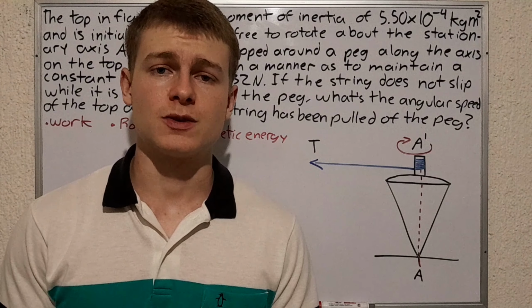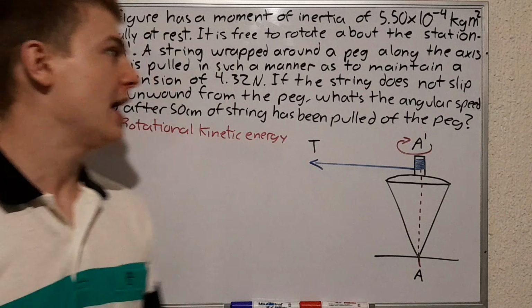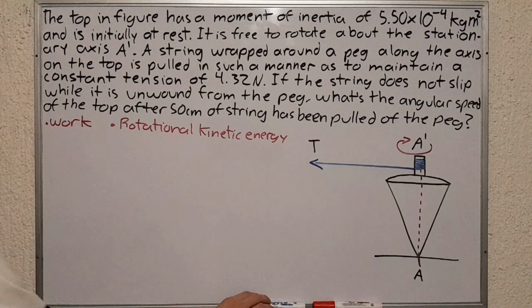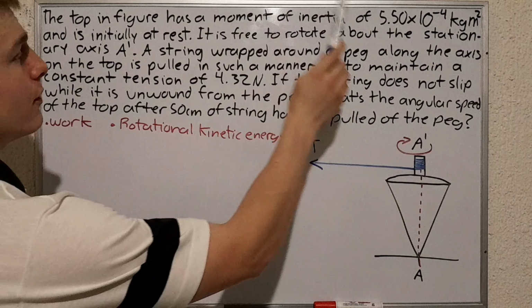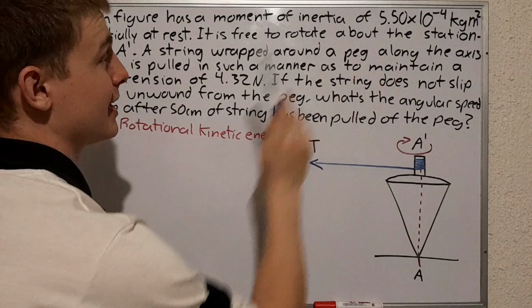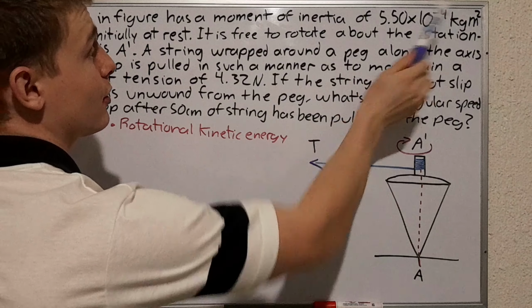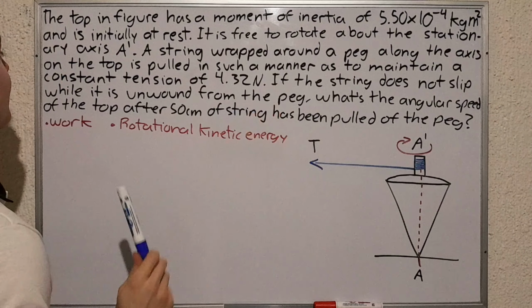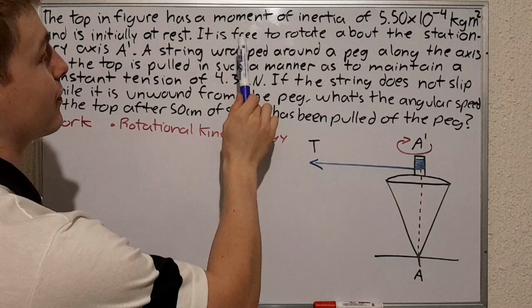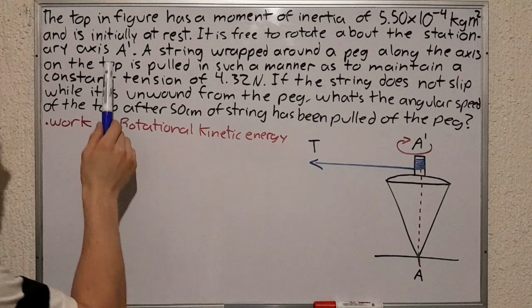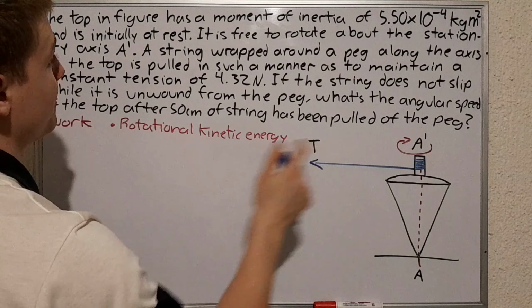This time it's rotational dynamics, and it says the top in the figure has a moment of inertia of 5.50 times 10 to the negative 4 kilogram square meter and is initially at rest. It is free to rotate about the stationary axis A prime.